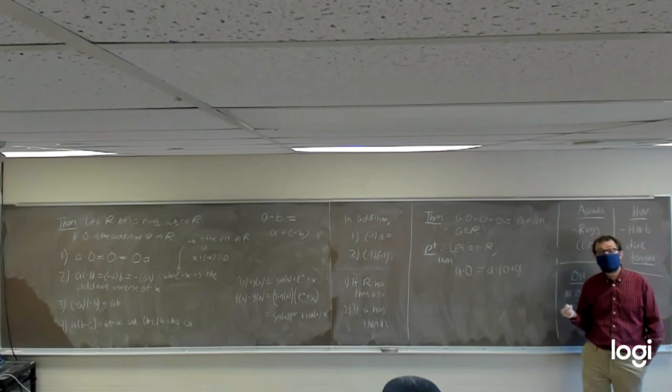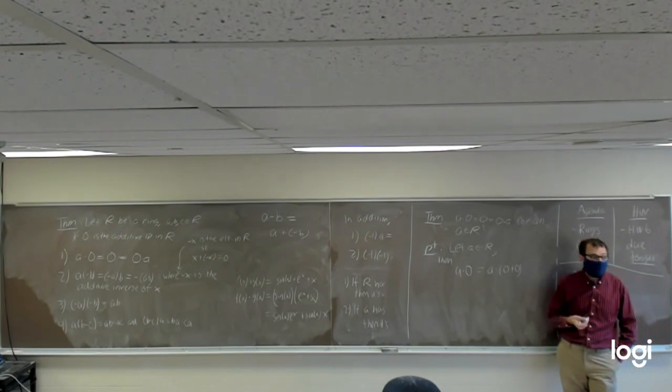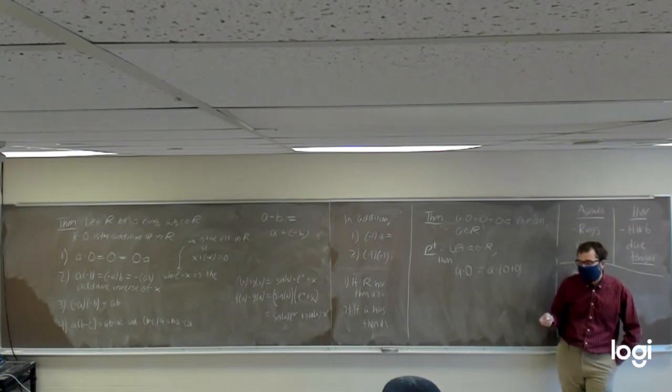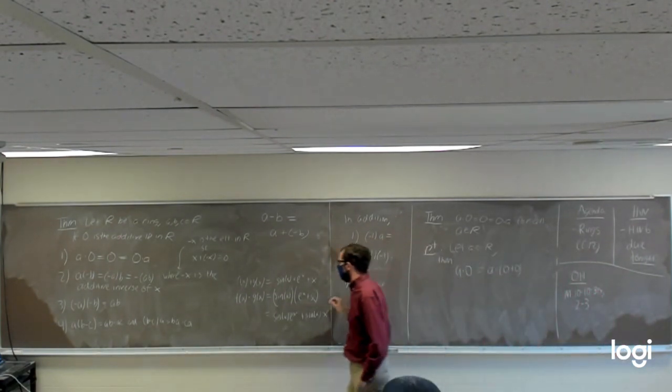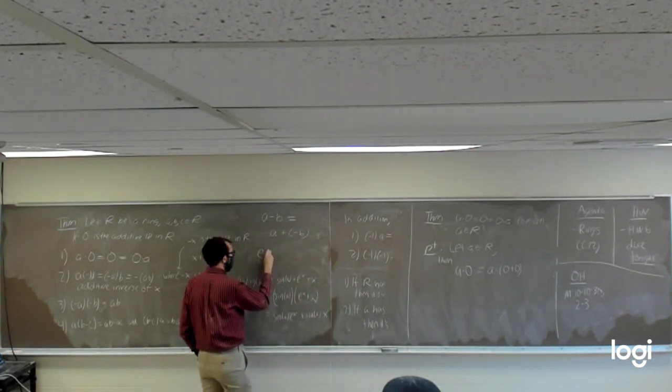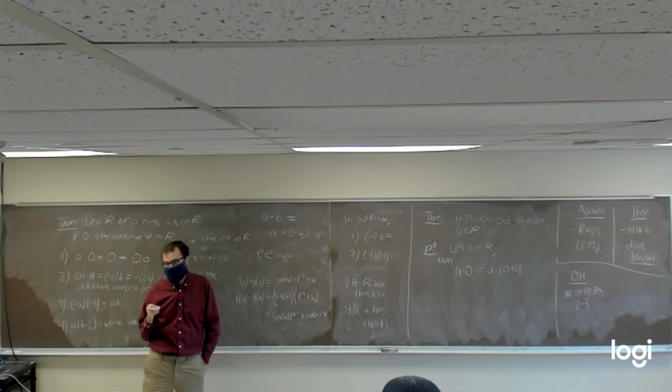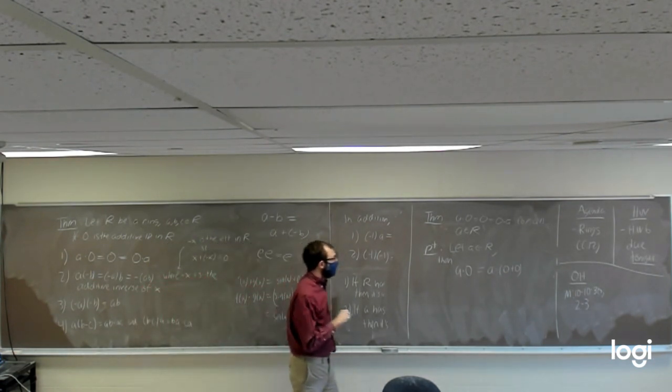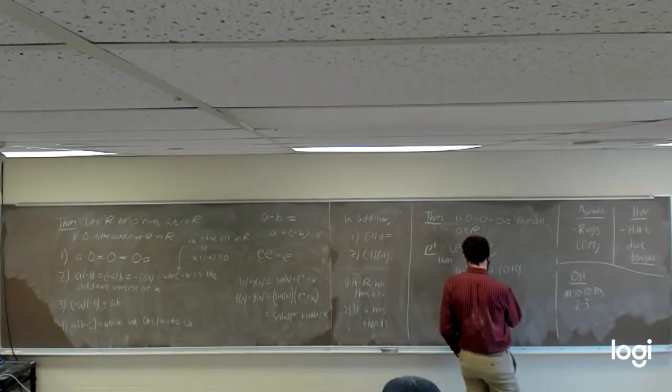Why is that? Because 0 is the additive identity. So if we added the additive identity to itself, we're just going to get back itself. That's like saying in an arbitrary group that if we take the identity and combine it with another identity, we get back the identity. So 0 equals 0 plus 0.